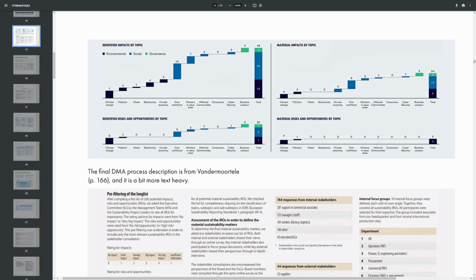Now, I'm assuming here that some of those topics, namely cybersecurity, are entity specific because they've diverged ever so slightly from the topic list that is in the standard, and therefore we can assume that those are entity specific topics that they're adding on.